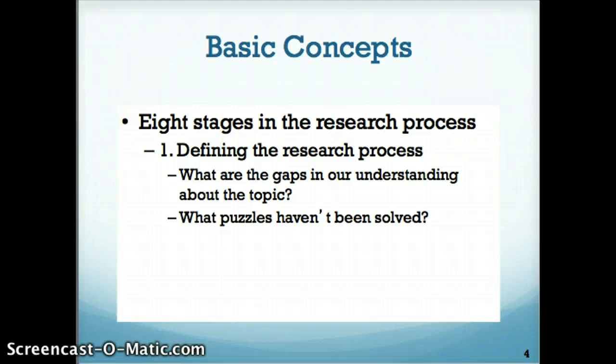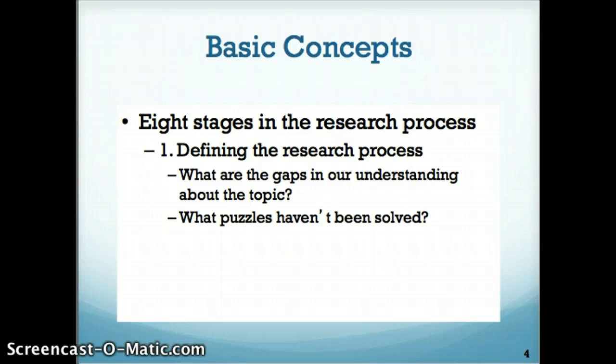Now, sometimes a sociologist or any researcher will duplicate research that's gone before. And that kind of replicated research is very important because it gives credibility to the findings. It shows that they are most likely true.